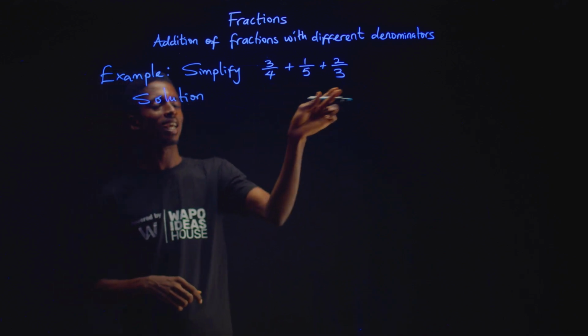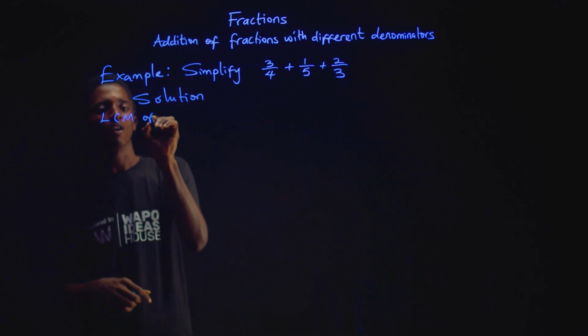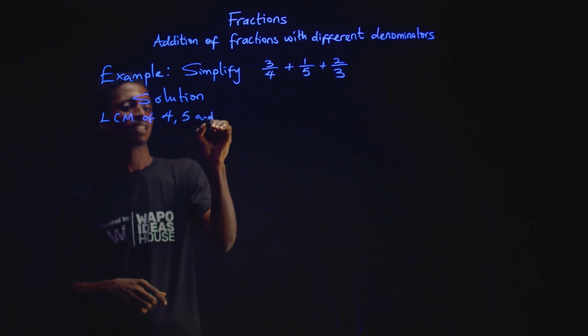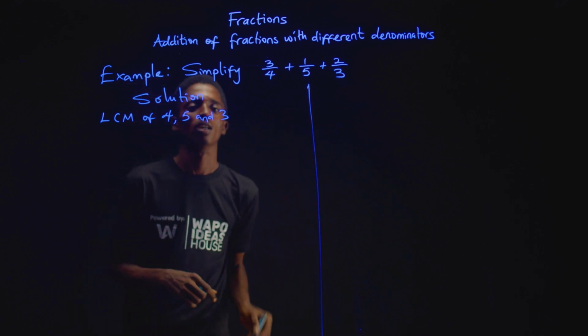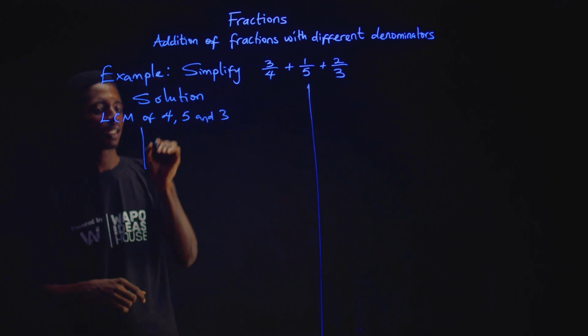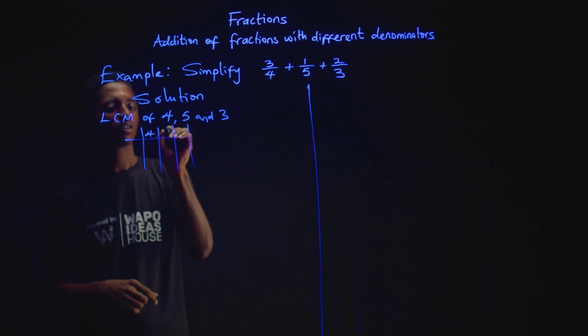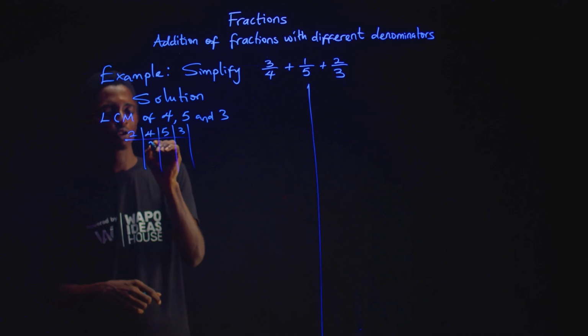Step 1 is to find the LCM. So we'll look for the LCM of 4, 5, and 3. Let's do that quickly. 4, 5, and 3. 2 goes in 4 twice.